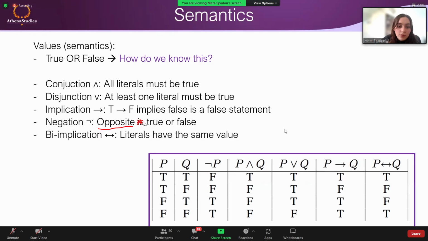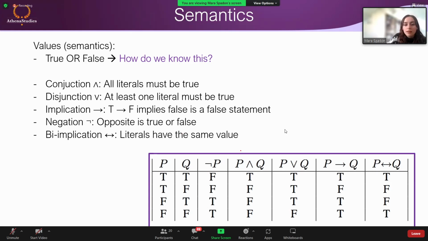The opposite of true or false. So in our case here, it says the negation of P, right? If we have true, then the negation of P for that value, true, becomes false. The same here. If it's false, it becomes true, etc. So that's what the negation means.